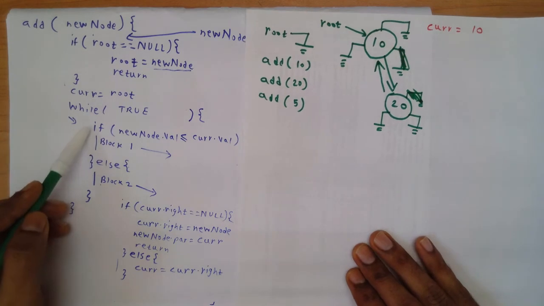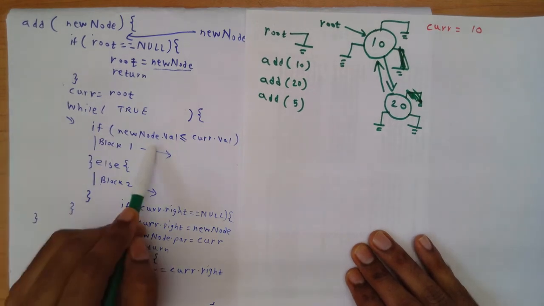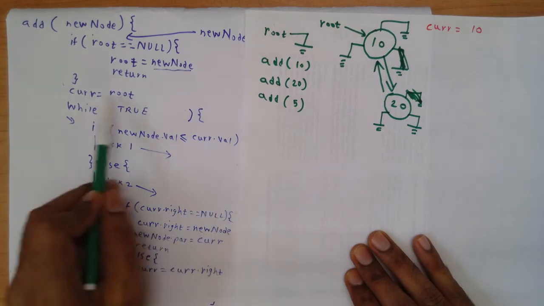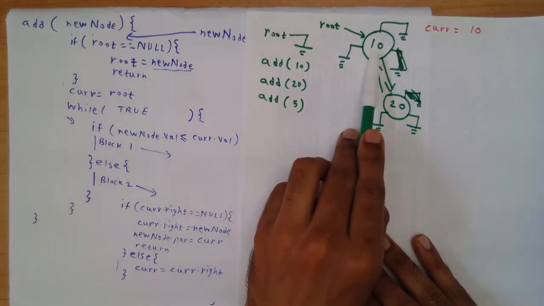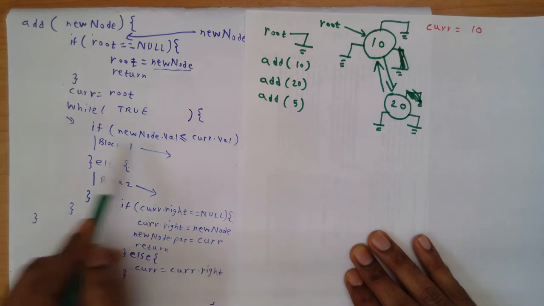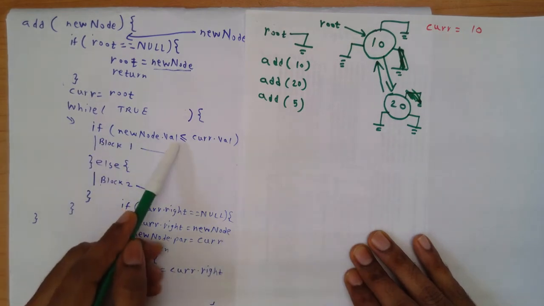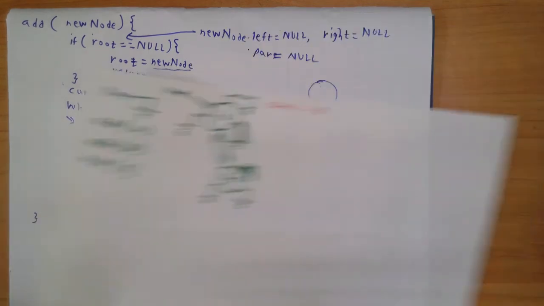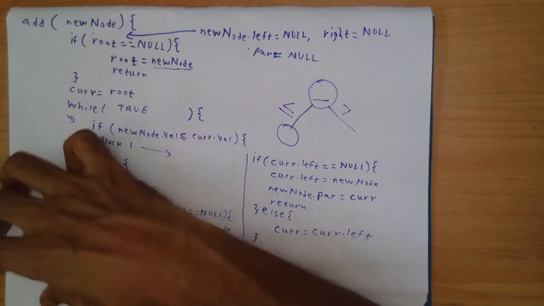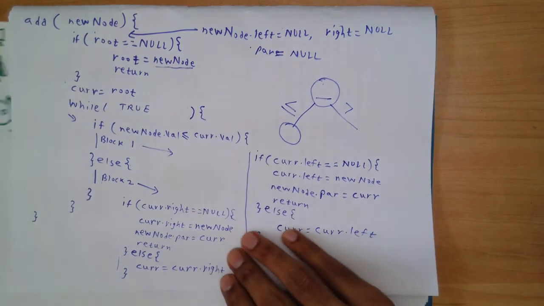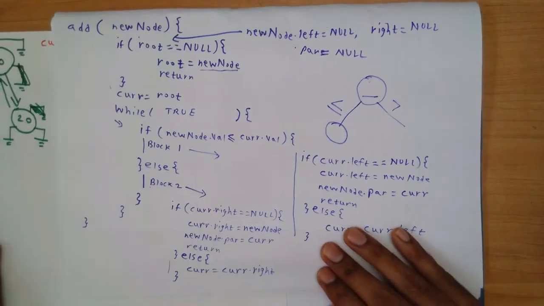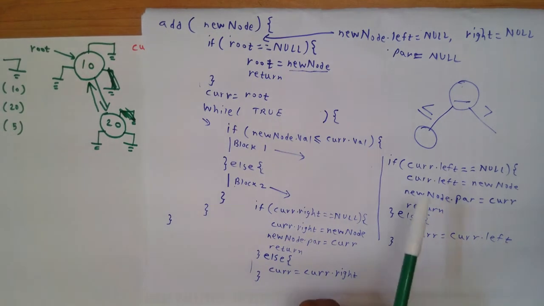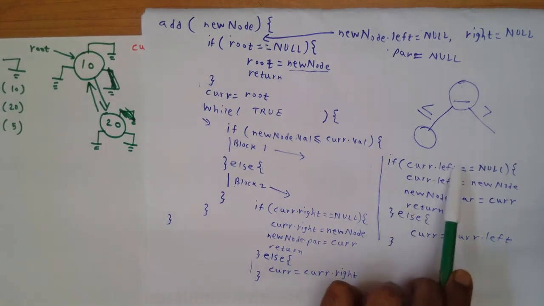The first question to ask is, is my new node dot value, which is 5, less than the current dot value? My current is root, so it is 10, and I am trying to insert 5, so yes, my value is less than or equal to the value in the current. So I have to execute block 1, and let's see what that block 1 is. My block 1 asks the question, is my current dot left null?